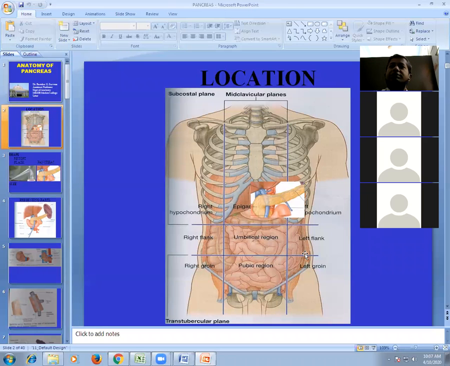It is a very important organ which is located on the posterior abdominal wall, in the concavity of the duodenum, against the L1, L2 vertebra. So that is something about the location.